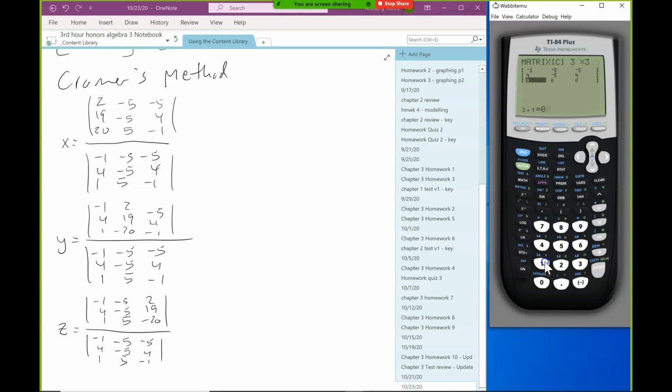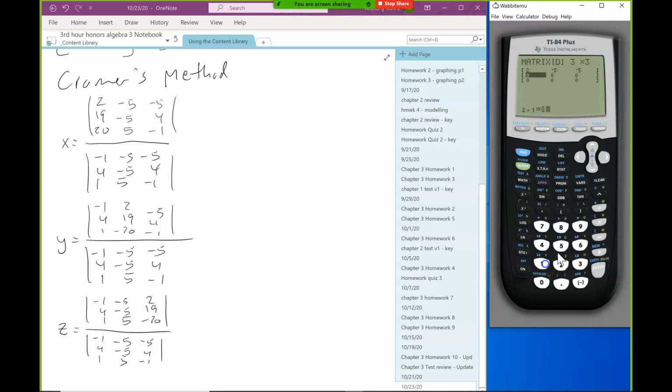The only unfortunate part about this is that there's no way to just step back one menu. So once you finish typing in one of the matrices, you have to exit to the main screen to go back in to the Edit tab and go to the new matrix. Which is kind of a bummer, but, you know, not that big of a deal. We do need to make sure we're being careful when doing this.